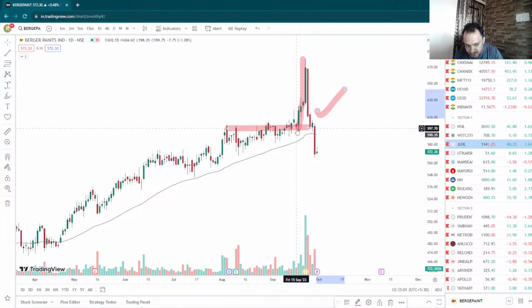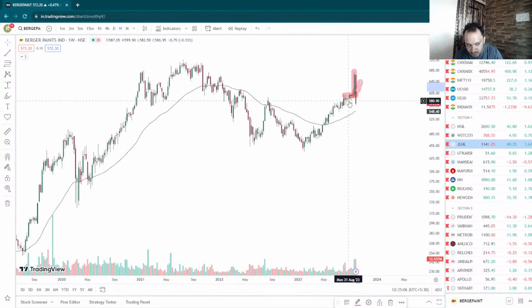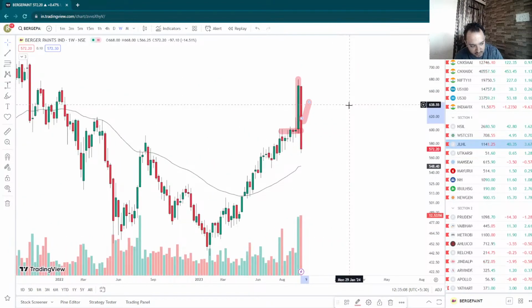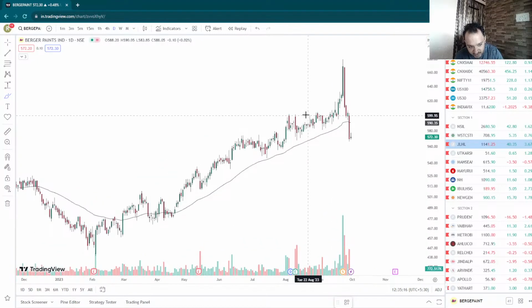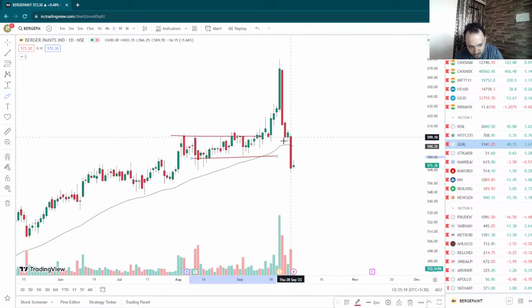It's okay if this happens if you bought inside the range. If you're buying the breakout, then I'm not sure what you're doing. But I'm hoping that you bought inside the range, which is actually a great trade. If you bought here, or maybe even here, actually a very good trade.